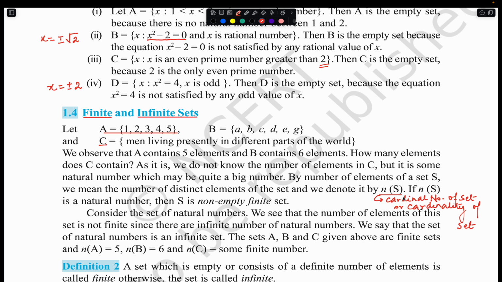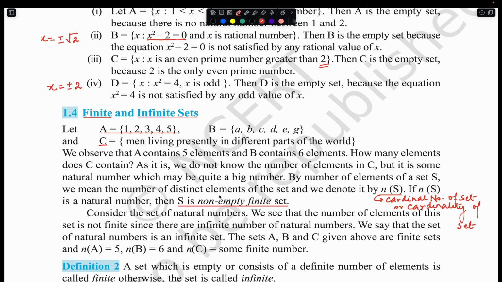Okay. So if n of S is a natural number, then S is called a non-empty finite set, right? Even if you are not able to count the number of elements inside it, but you know that the number of elements is going to be a natural number, so you are able to identify that there is a fixed natural number which is the number of elements in the set, then the set is said to be a non-empty finite set, right?